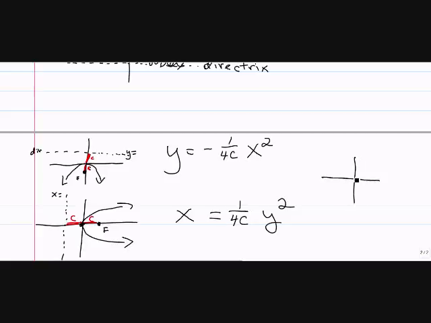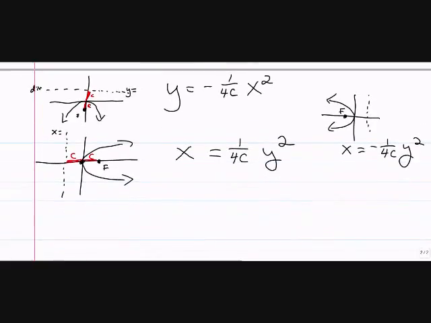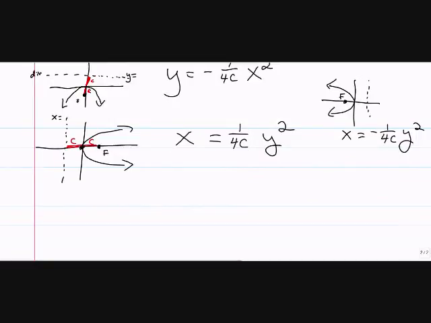And if I had the parabola opening towards the left, with my focus over here on the left side of the vertex and my directrix over to the right, this is x equals negative 1 over 4c y squared. Negative and positive, opening up and down or left and right for the 2 equations. Okay, so let's try an example problem or two.